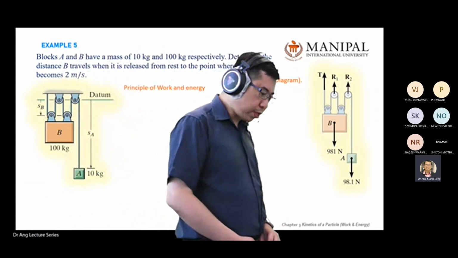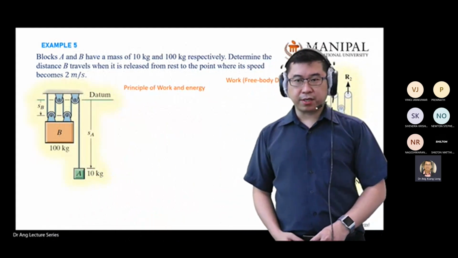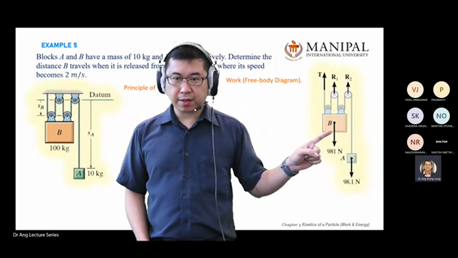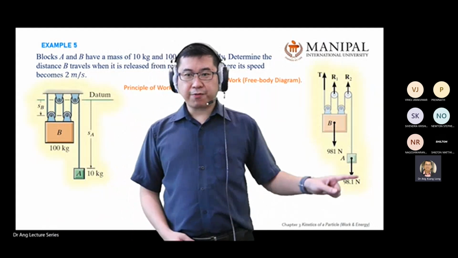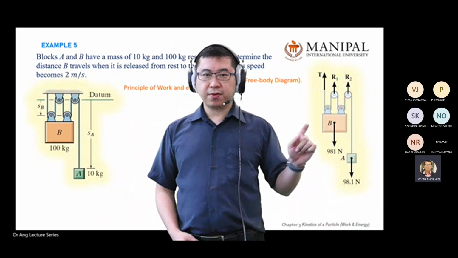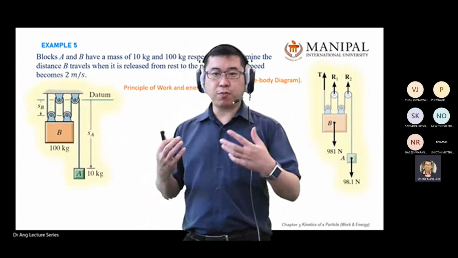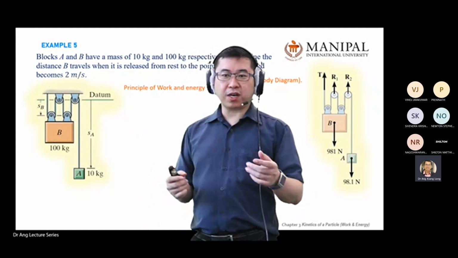Then we start to put in the equation of work and energy. Okay, free body diagram. By looking at the free body diagram, you know how many forces are involved. This one doesn't move. This one doesn't move, right? These two things don't move. So when it doesn't move, no motion, no displacement. So force with zero displacement, no work.